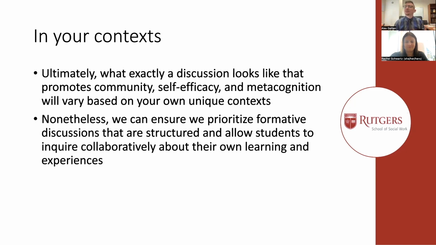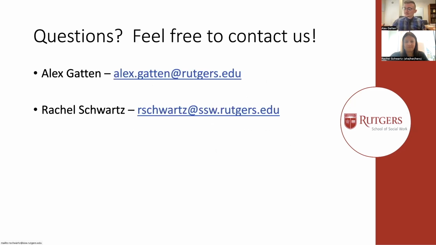Certificate, etc. Nonetheless, there are guidelines that hold true almost no matter what the context, which is that we're prioritizing formative discussions that are also structured and allow students to really inquire about complex topics and ideas collaboratively, and that allows them also to think about their own learning and experiences.